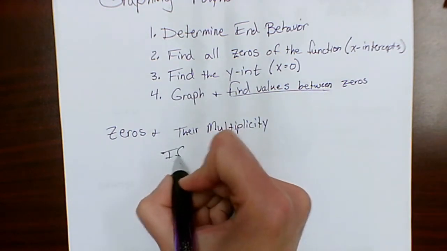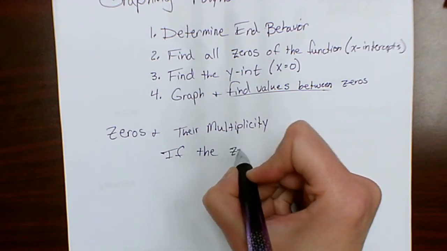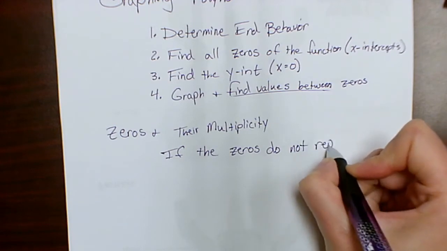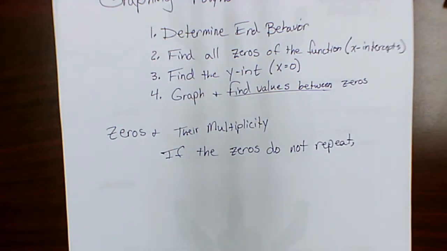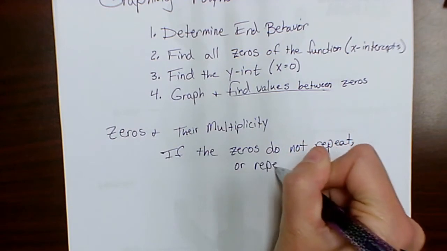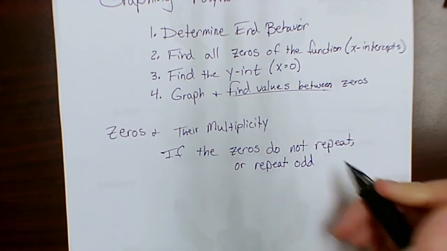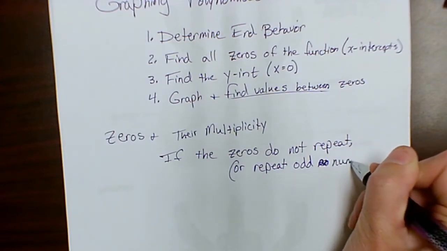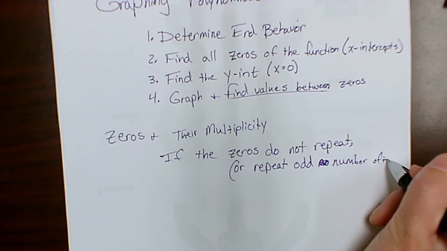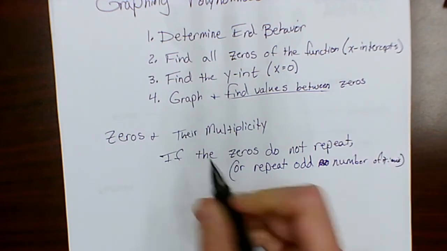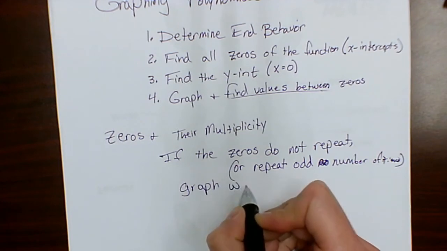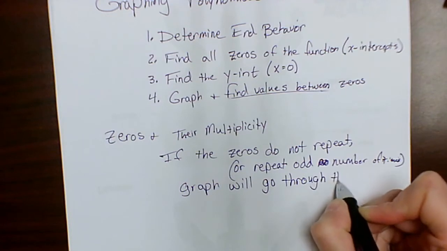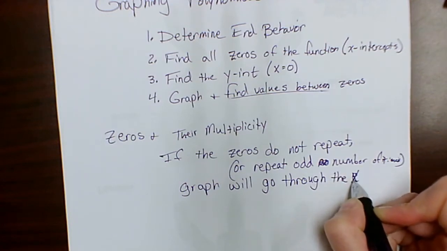So if the zeros do not repeat or repeat an odd number of times, your graph will go through the x-axis.